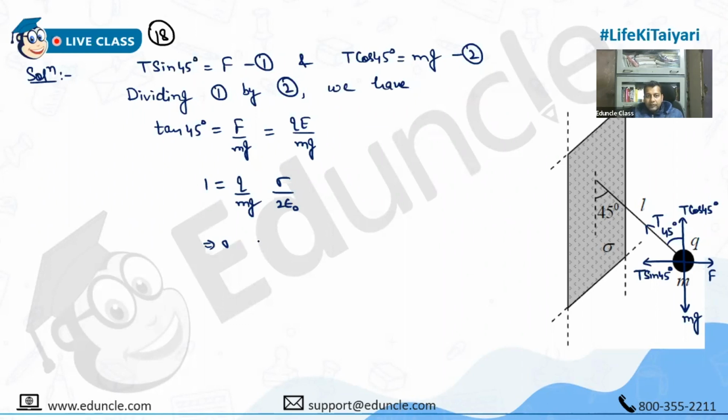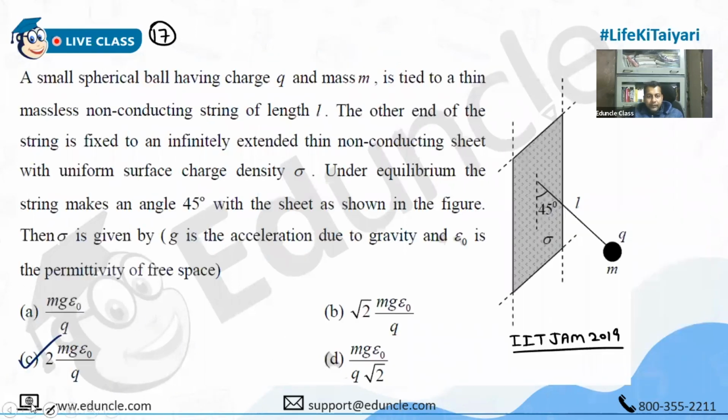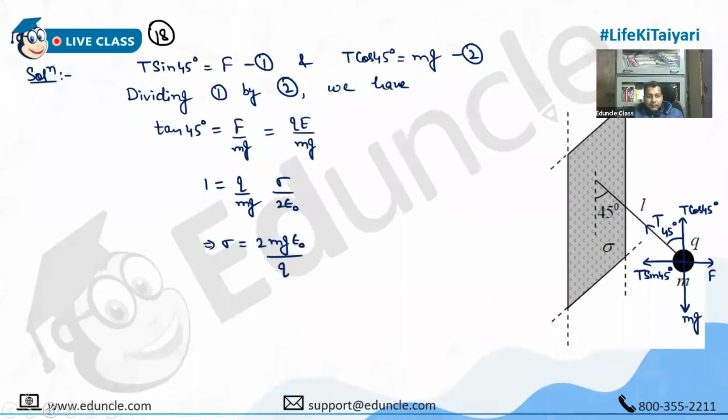So sigma is 2 mg epsilon naught by Q. C option. Please check. Yes, sir.